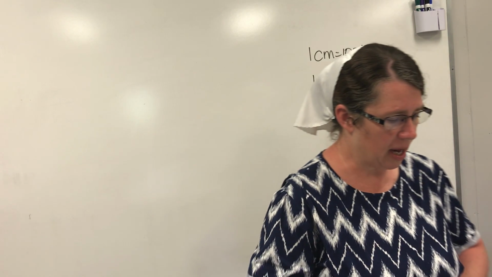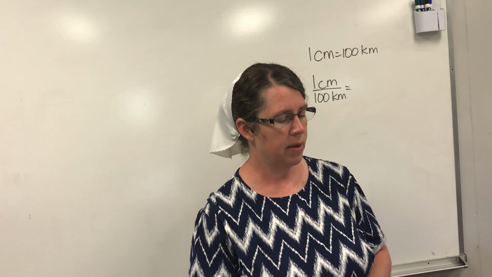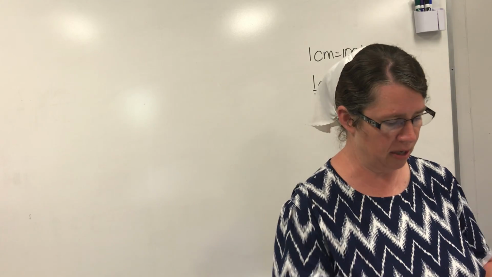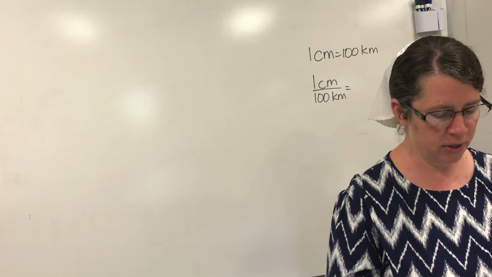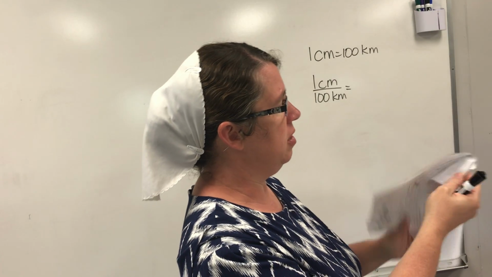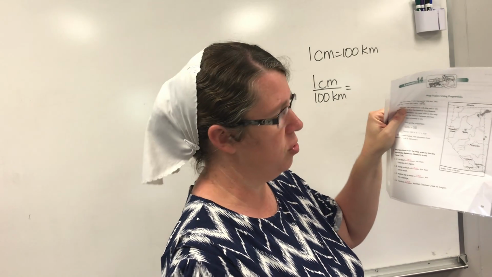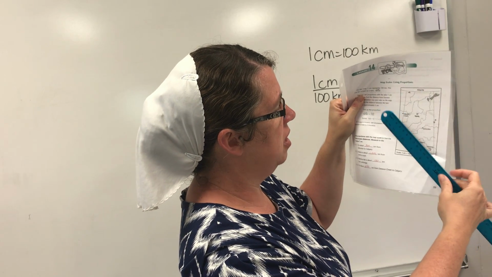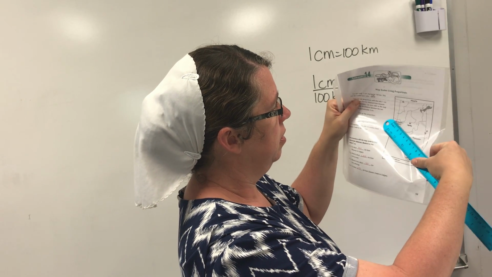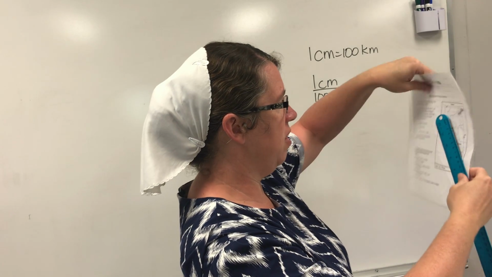All right. Lay your ruler on the map and measure the distance between the two cities. So they say measure from Dawson Creek to Edmonton. I'm just going to kind of hold up my paper here. Dawson Creek is right here, Edmonton is right here, and they want you to take your ruler and just lay it like this across the corner. Yeah, this is not very easy to do.